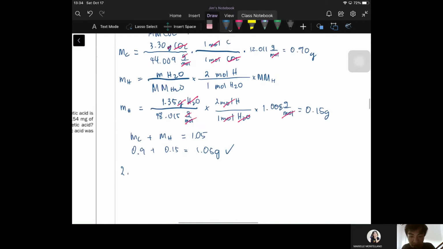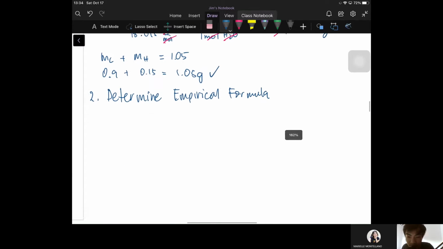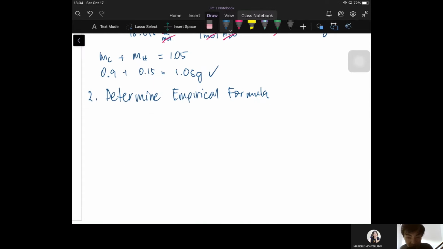Second step, determine empirical formula. Okay, so paano dinedetermine yung empirical formula? Yun lang yung ginawa natin kaninang table. No? So you have your element here. Instead of having percent mass, wala na tayong ganun. Mass of the element na lang now.